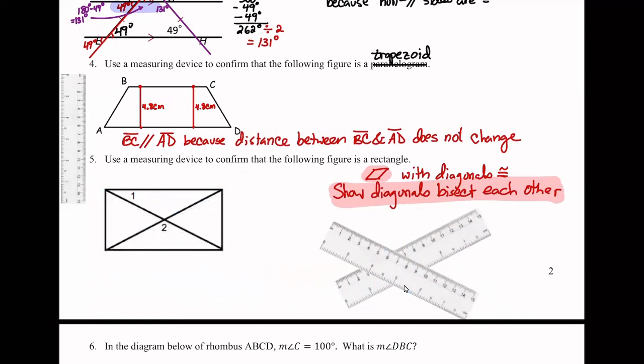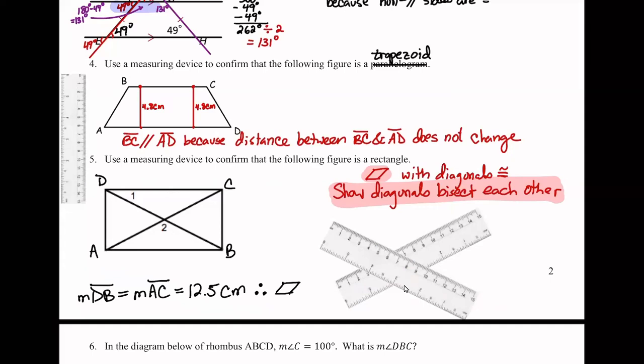I'm going to call this A, B, C, D. The measure of DB is the same as the measure of AC, specifically 12.5 centimeters. So therefore, the three dots in the form of a triangle means therefore it's a parallelogram. Right, so we have that covered.